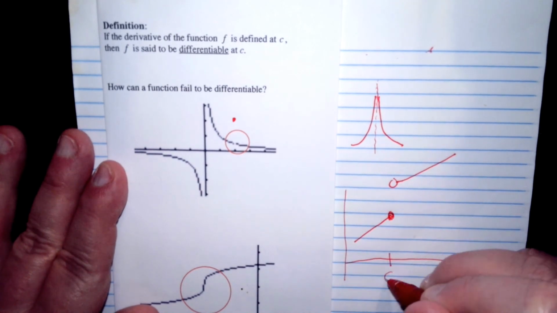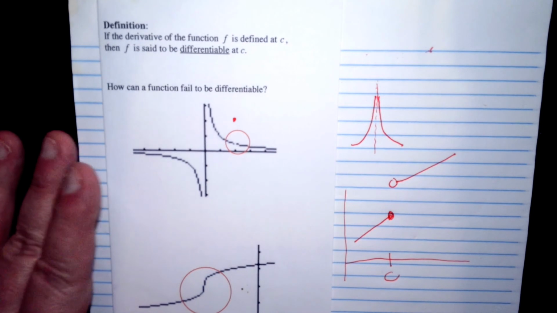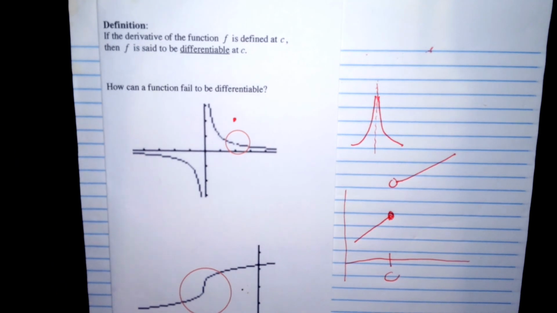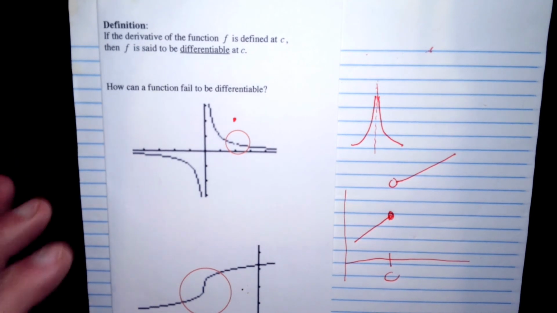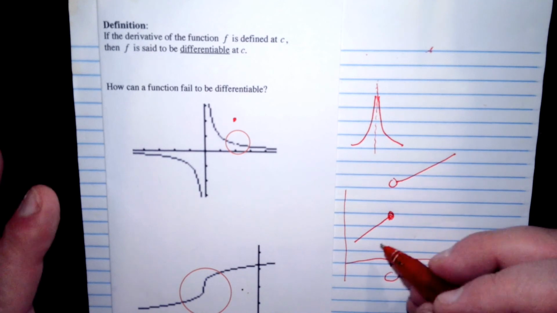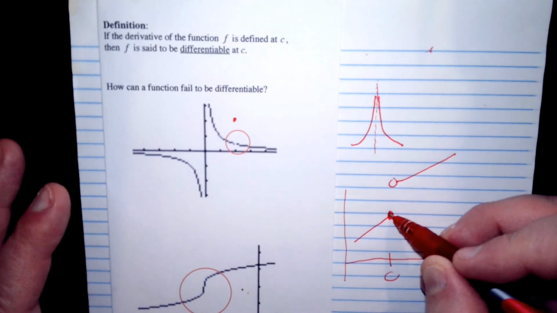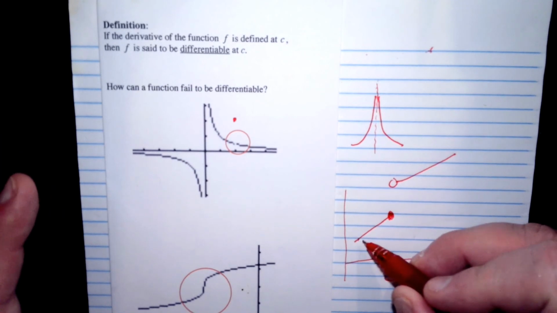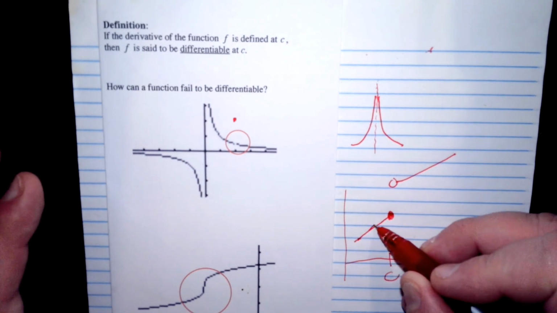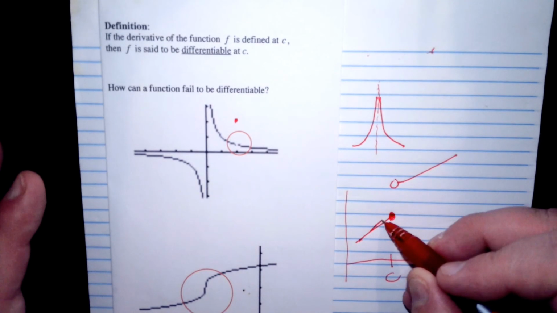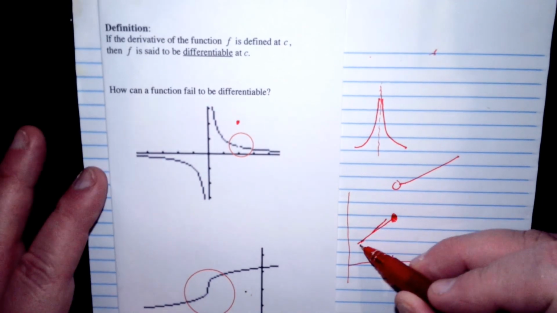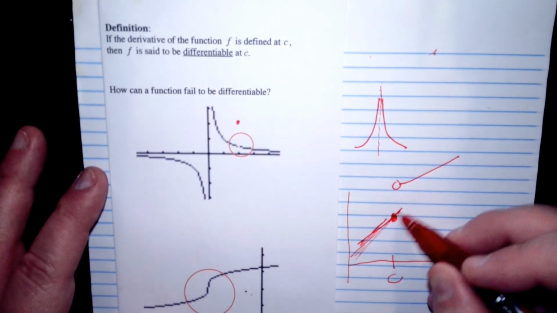let's call that point c, the x-coordinate c. So if you tried to draw a tangent line there, well, remember how we drew the tangent line? We picked a point here and then maybe picked a point off to the side and then let that point go toward x equals c. Well, in that case, you're going to get a tangent line that looks kind of like that.